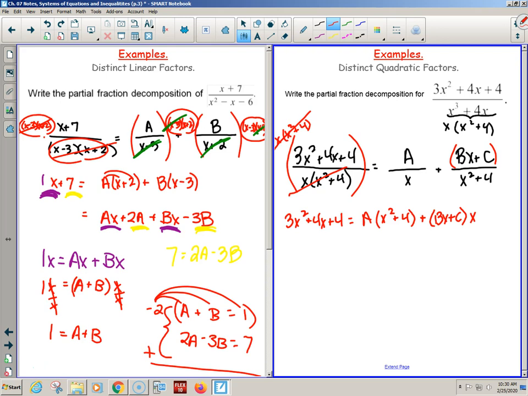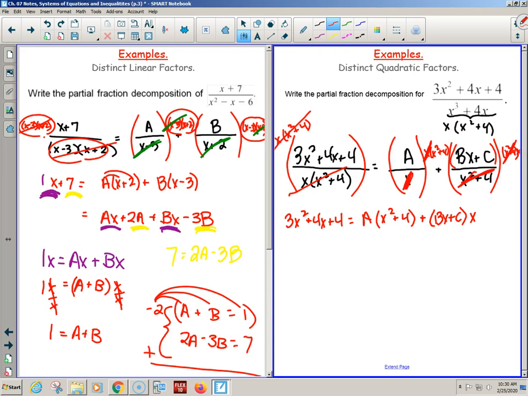And for those of you that are like, I don't know how they did that, remember, what we do on one side, we do on the other, and that addition says we have to distribute. So multiplying the x and the x squared plus 4, the x's reduce, the other guy's left. This time, the x squared plus 4 will reduce. Oh, I'm sorry, guys, that totally did not fit in well, but that x is left.